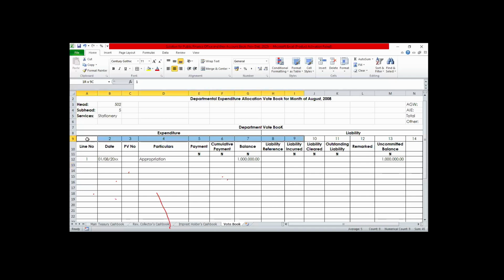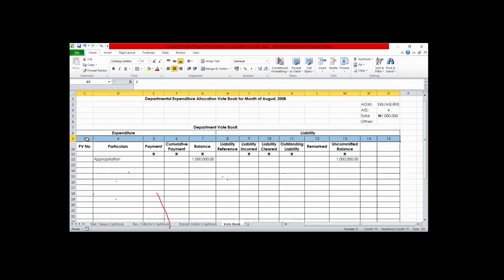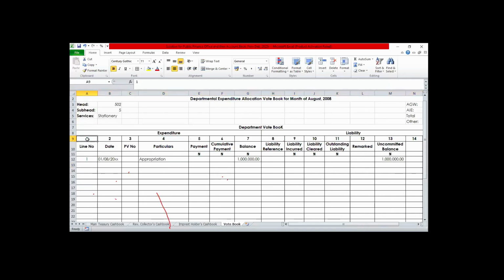It's 2nd August 20XX. Paid 45,000 for the purchase of stationery from Ogunuga Bookshop. 2nd August, right? Yes, sir. Purchase of stationery from Ogunuga.